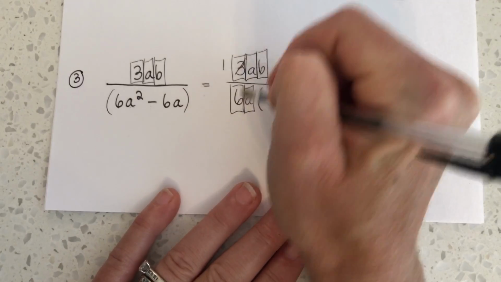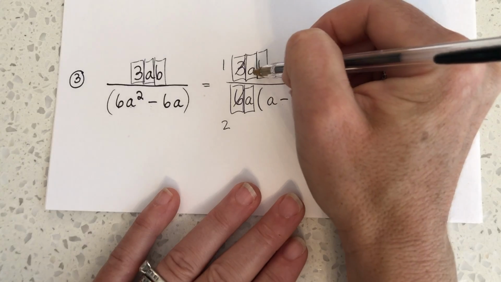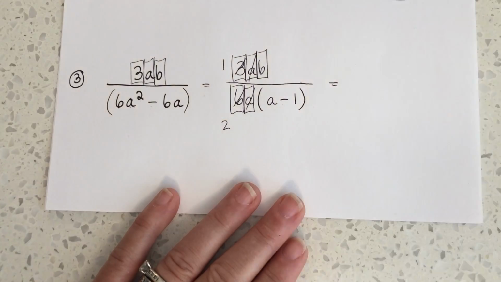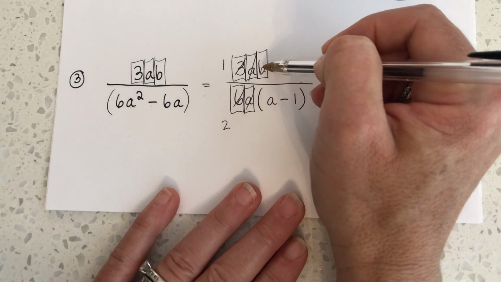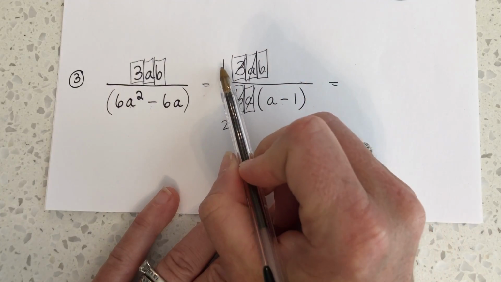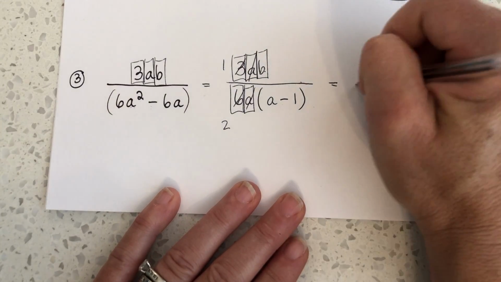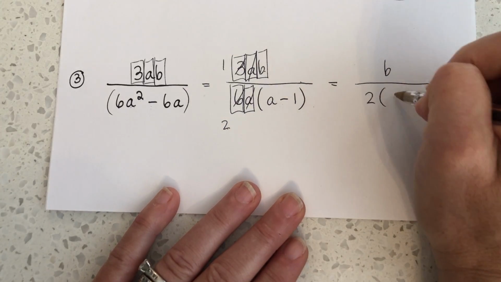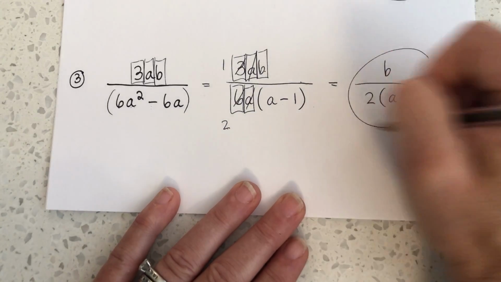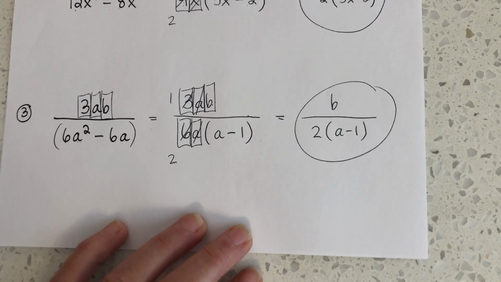So it reduces to 1 over 2. A over A completely cancel out, and B on top with no individual B's on bottom will stay. So on top, I'm left with 1 times B, which is B, over 2 times A minus 1. And that is your reduced answer, okay?